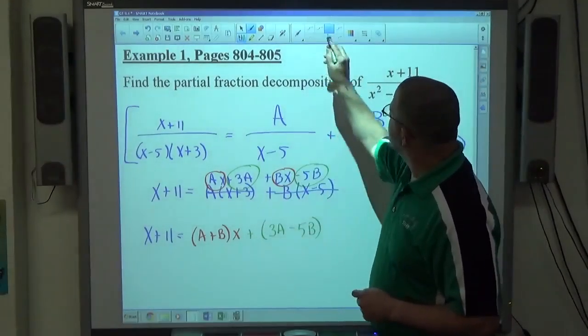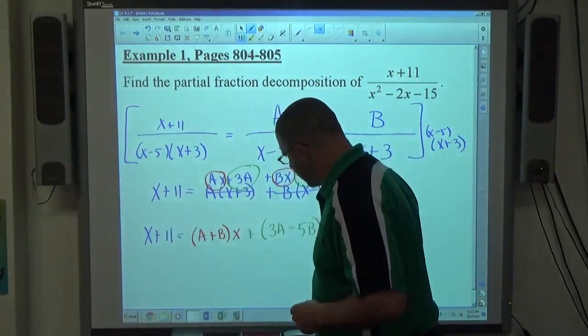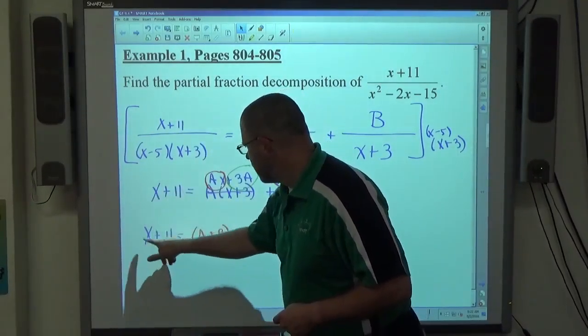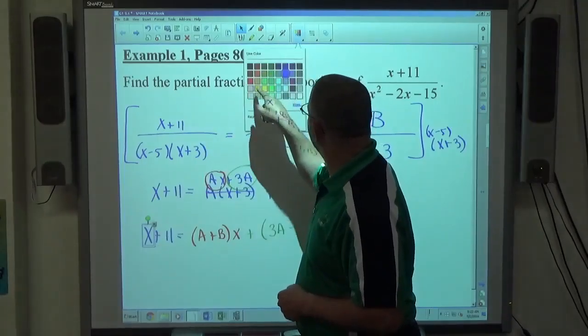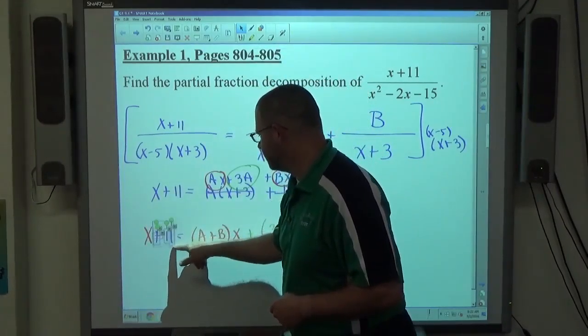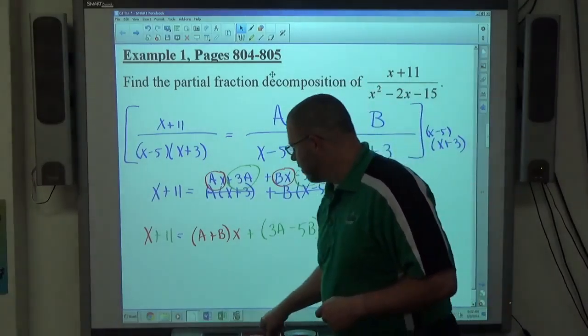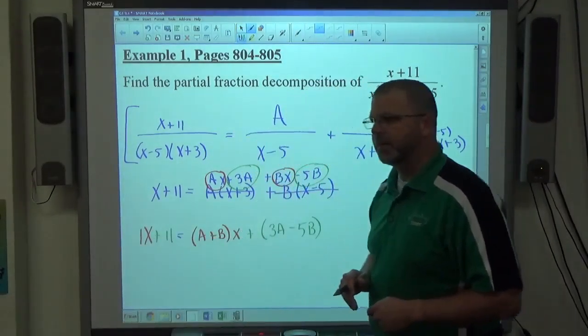But if we take a look at the coefficients of this structure over here, let me break this apart. Consider x as the red term and 11 as the green term. This is 1x and that's plus 11.